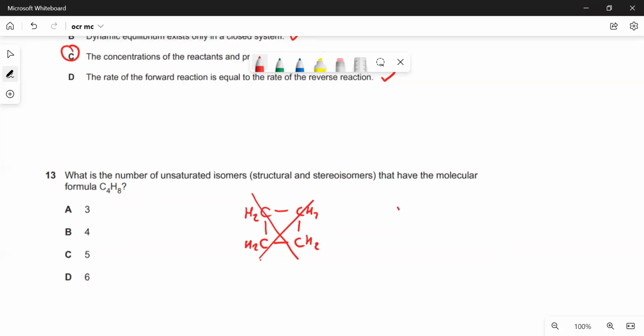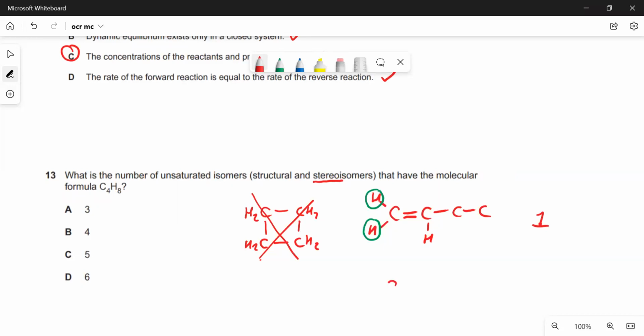So let's have our 4 carbons in a row, and we can put our double bond there. Okay, that's but-1-ene. Can that show E/Z isomerism? Because it does tell us about stereoisomerism. It can't, because you can see there, look, on this end carbon, we've got 2 hydrogens. They're the same, so it doesn't matter which side they go on. So that's just going to give us 1 isomer there.